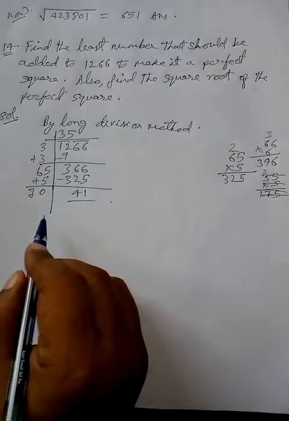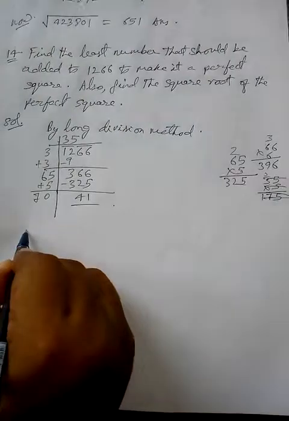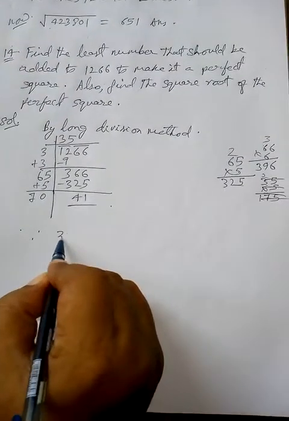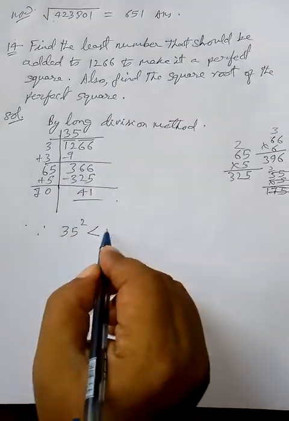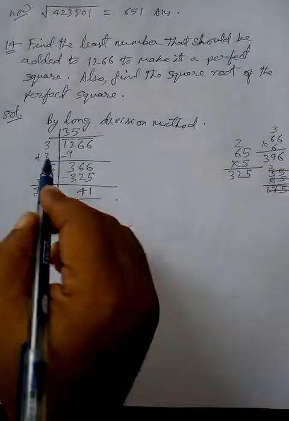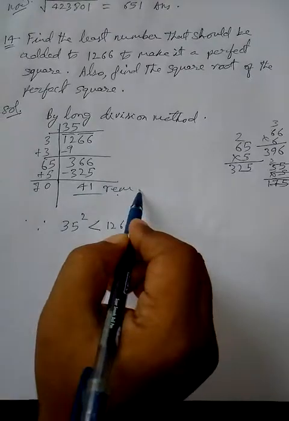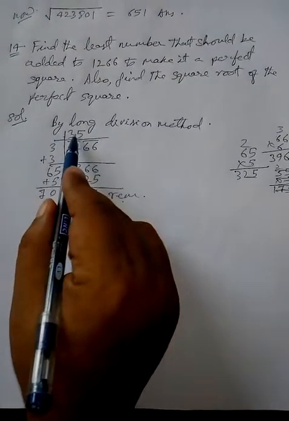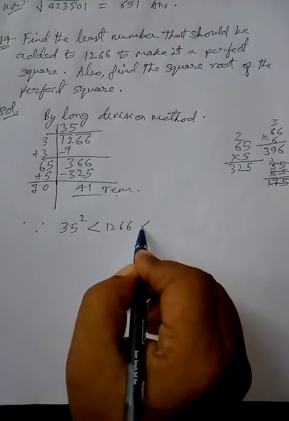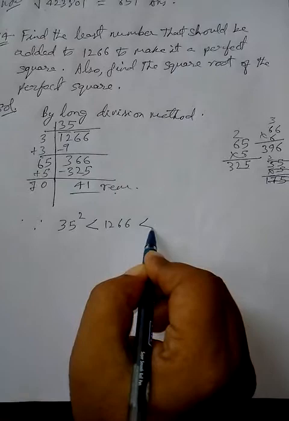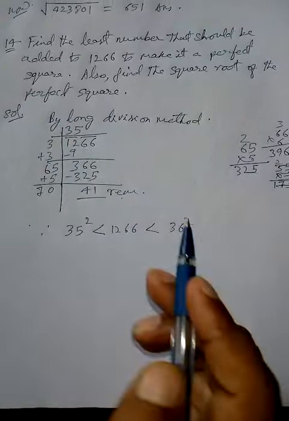Now what do we do to get the perfect square? Look at this. Since 35 square is less than 1266, because 41 remains here, 35 square will give you less than 1266, and 1266 will be less than 36 square, because 36 square is greater than 1266.